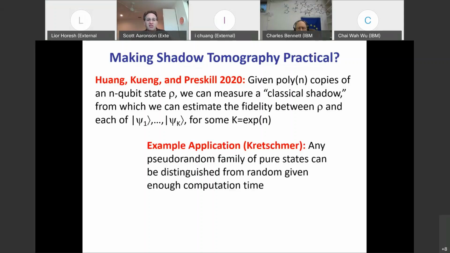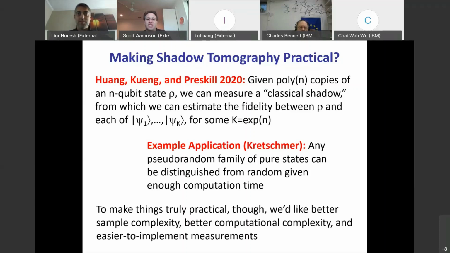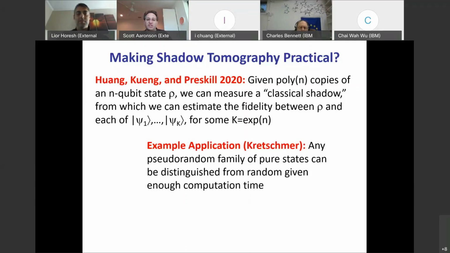For example, they can estimate the fidelity between your unknown quantum state rho and a list of exponentially many different pure states, which is fixed in advance, given only a polynomial number of copies of the state rho. Okay, and this has some neat applications, including one that my student, William Kretschmer, just thought of.